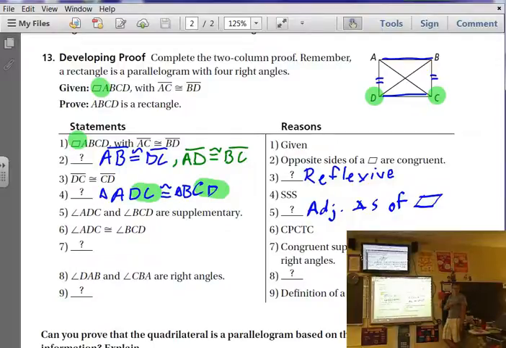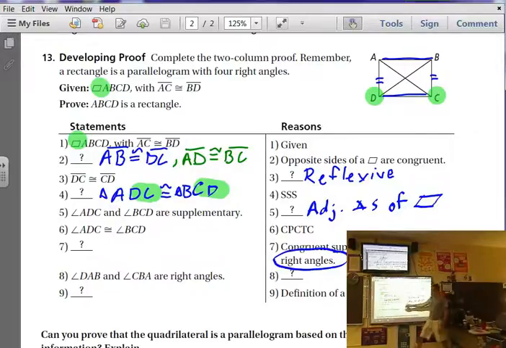What congruent supplementary angles do you think they're trying to call right angles, Megan? Angle ADC and BCD? Yeah, because they already said that they're supplementary. Then they tell you that they're congruent. So then what they're doing is pulling both of these statements together to make them right angles.